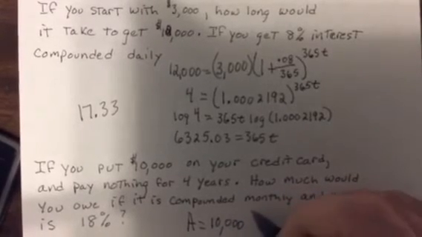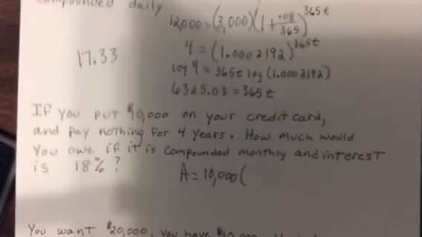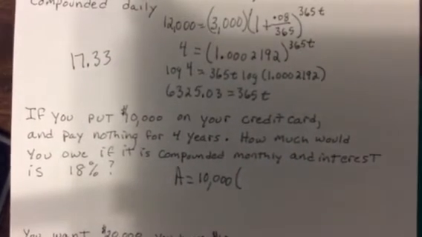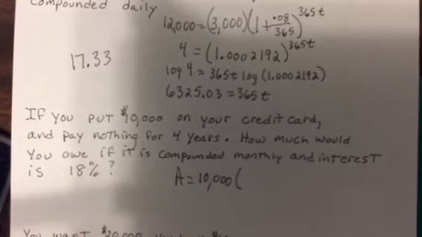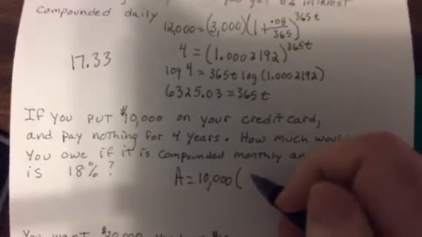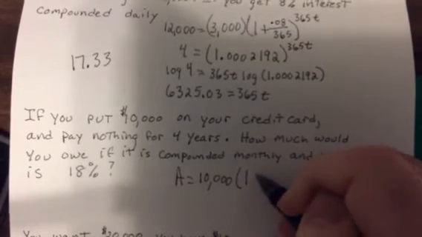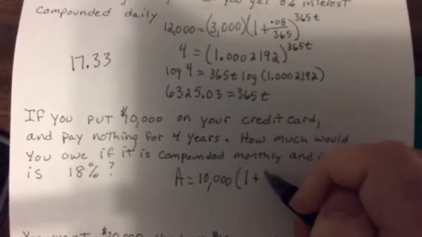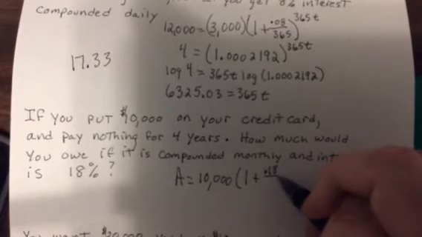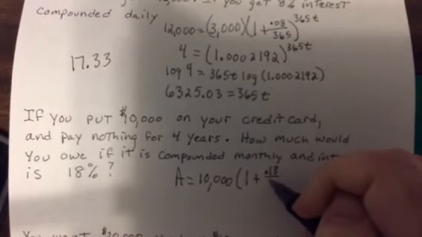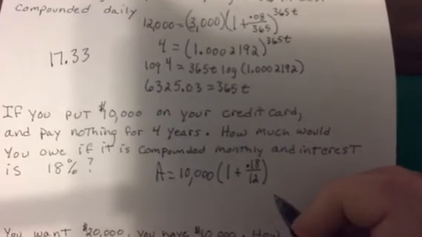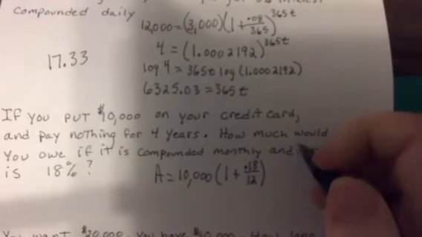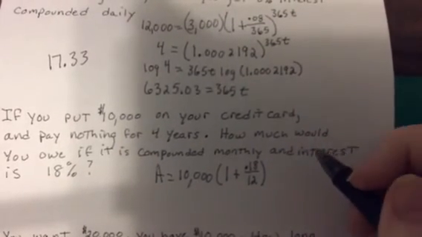Now, I know a lot of college kids that will get a credit card right away and then spend $10,000, $15,000 on a new computer, new clothes. So you gotta be careful. 1 plus the rate, 0.18, over how many times it is compounded? Well, 12, because it's monthly, which is a true credit card.